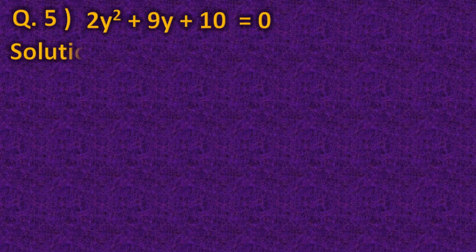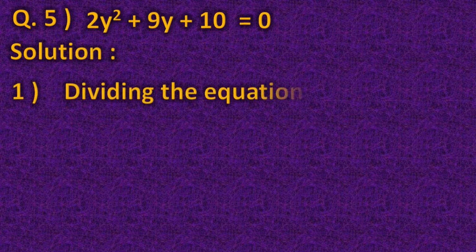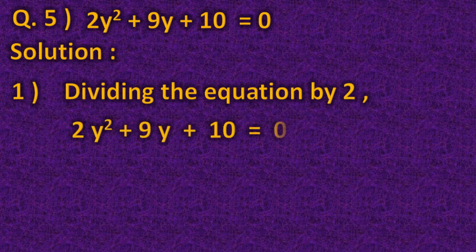Now question number 5. Question number 5 is 2y square plus 9y plus 10 is equal to 0. To solve we will divide by 2. The y square coefficient is 2, therefore in the equation 2y square plus 9y plus 10 is equal to 0, we will divide each and every term by 2.